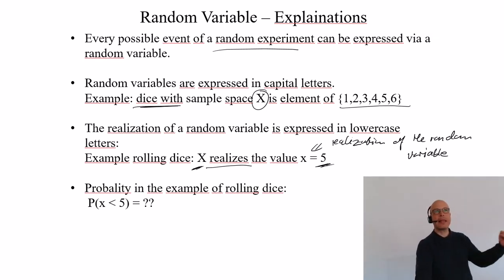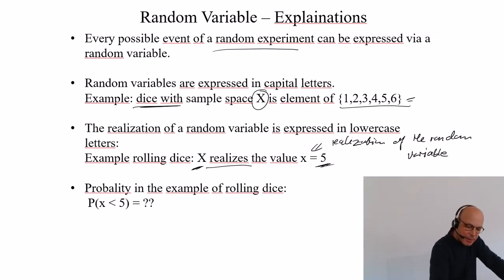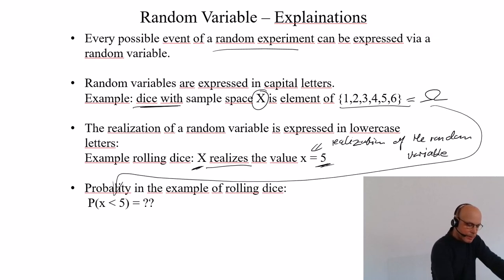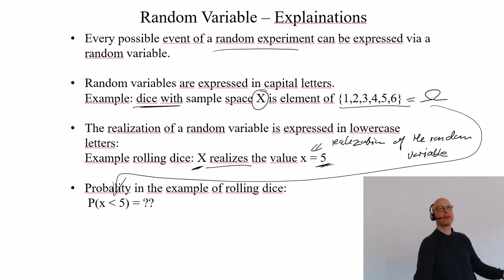Now we have our mapping from the sample space omega into the real numbers that we can now assign for the event. And what we define as an event is up to us, what we are interested in.